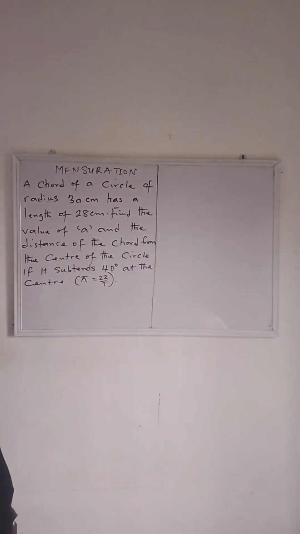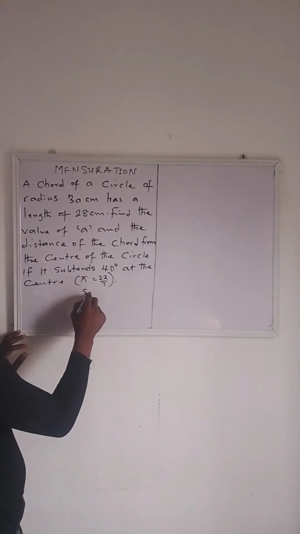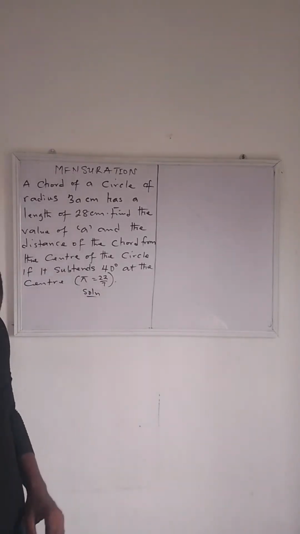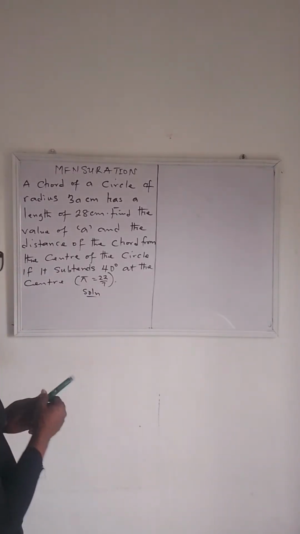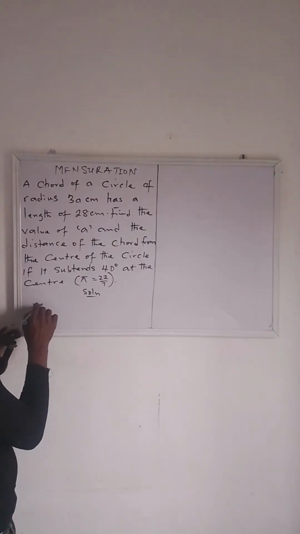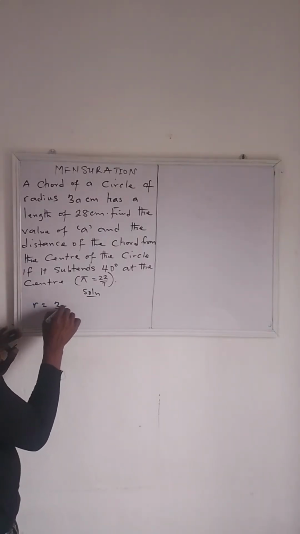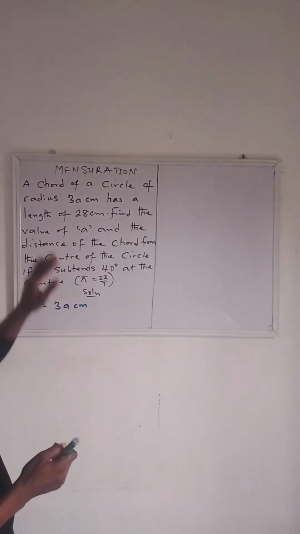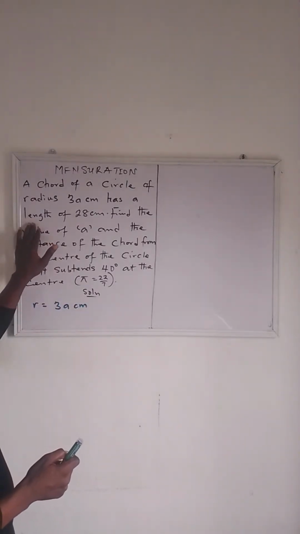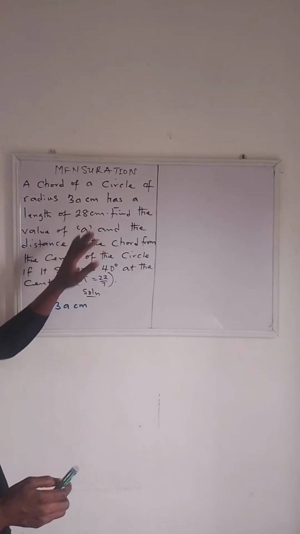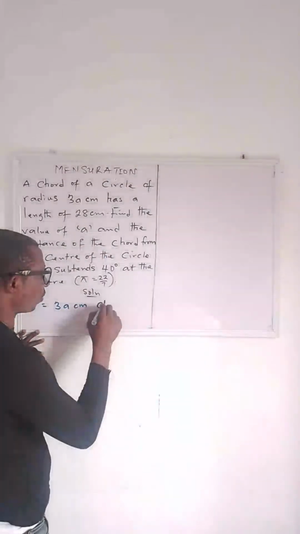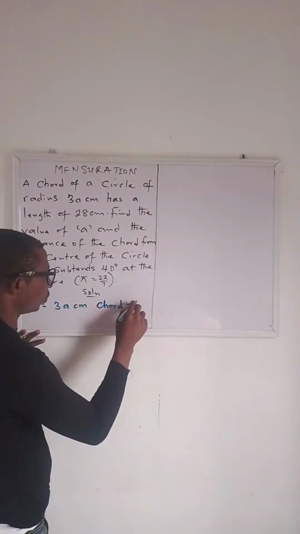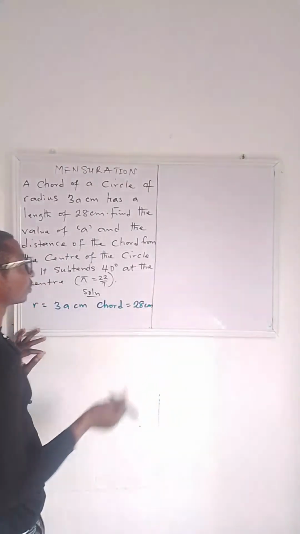Now, a chord of a circle of radius 3a. So now let us list all the parameters given. The radius is given to be 3a in centimeters, and the chord has a length of 28 centimeters. So we are given the length of the chord to be 28 centimeters.